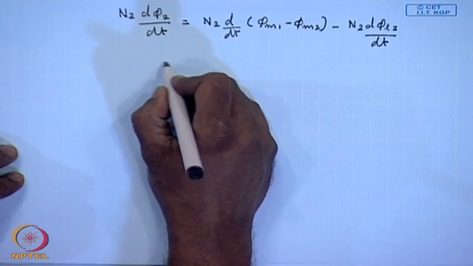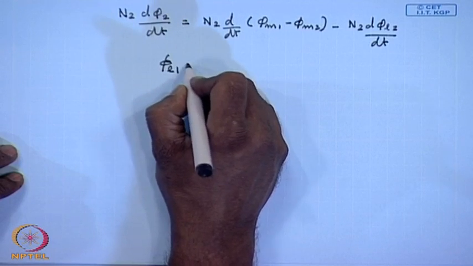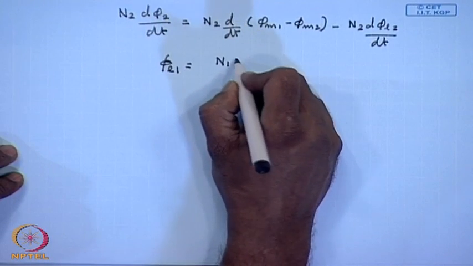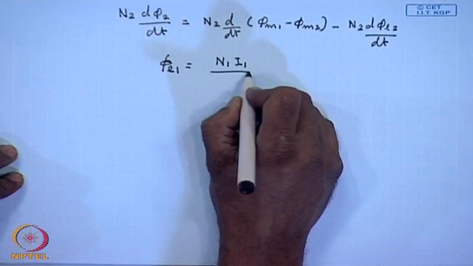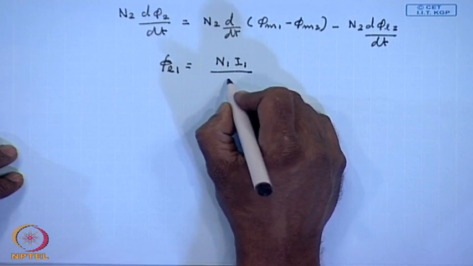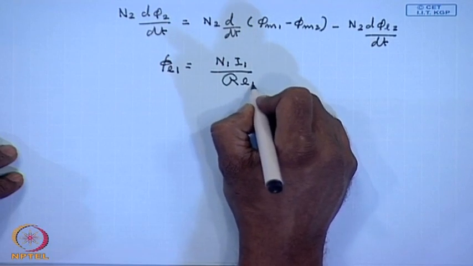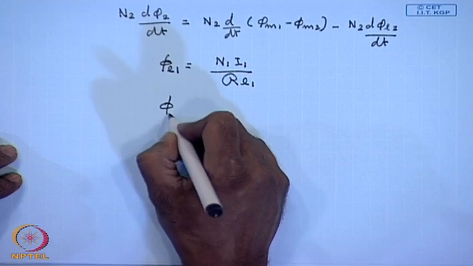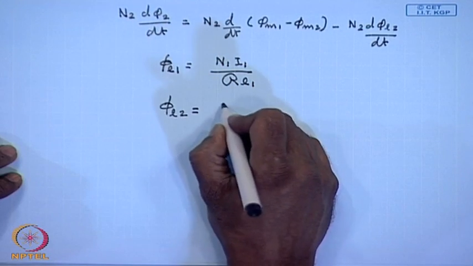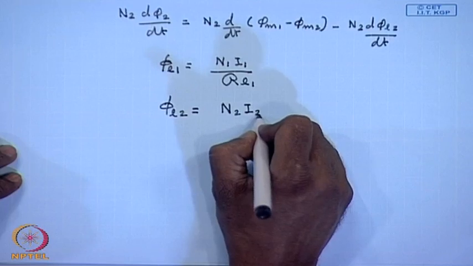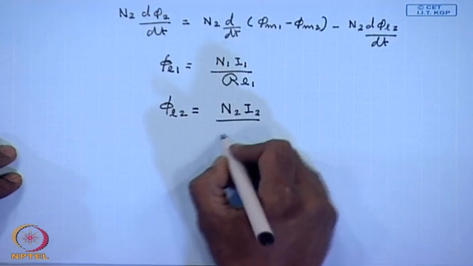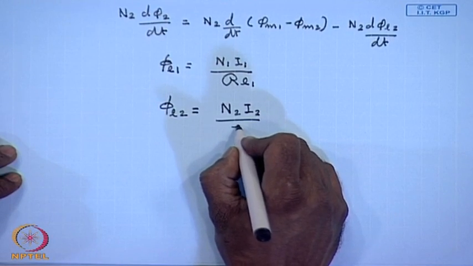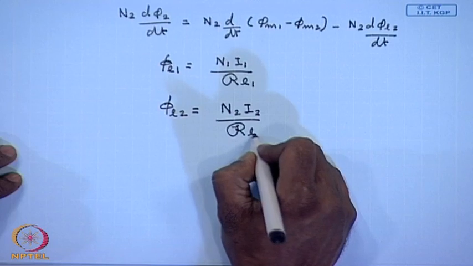Now, phi L1 equal to N1 I1 divided by the reluctance of the leakage path RL1. Similarly, phi L2 equal to N2 I2 by the reluctance of the second leakage path RL2.